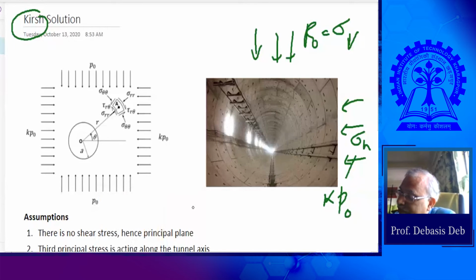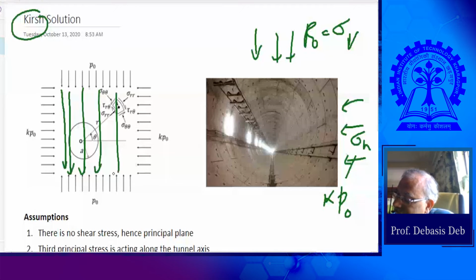Let me draw here only. If there was no tunnel here, then the stress should have passed directly like this. There is no tunnel, the stress should have passed directly like this.